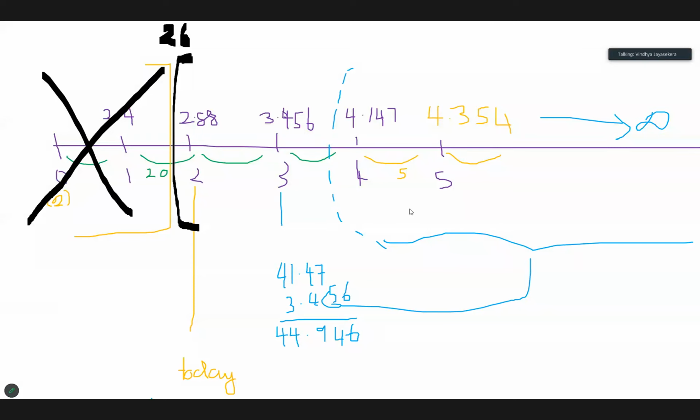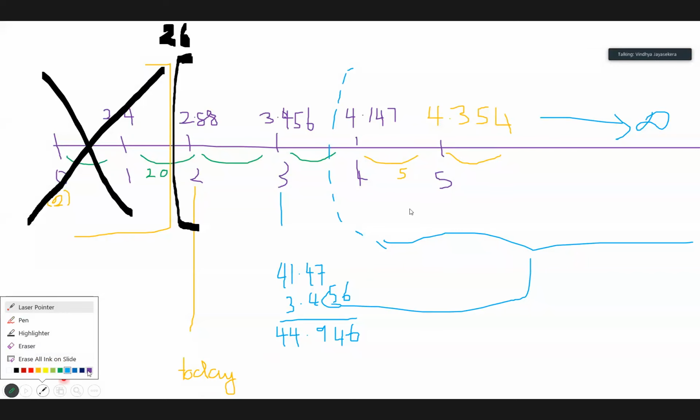That's it. There are no further cash flows. All of these cash flows have been condensed to 41.47. There is a cash flow of 3.456 occurring in year 3. In total, when I'm standing in year 2 and looking ahead, I have one cash flow that I'm expecting of 44.946.